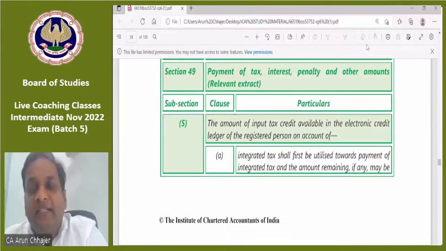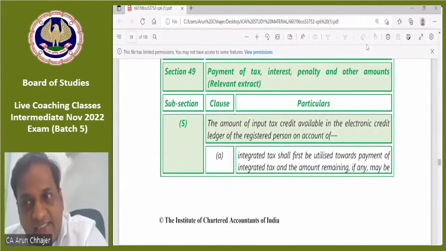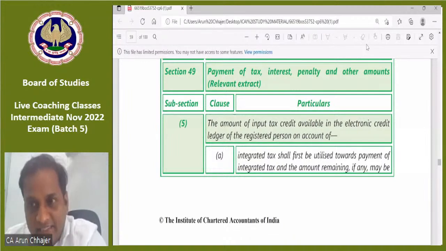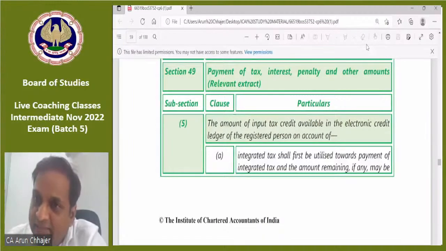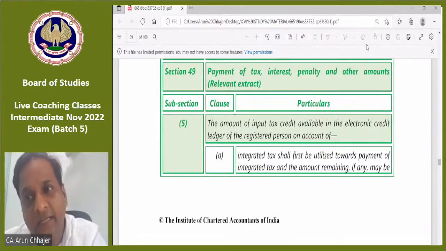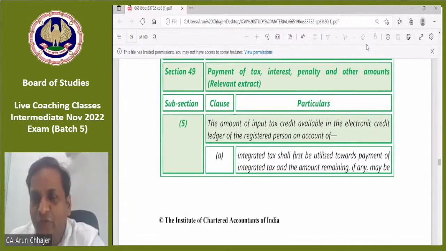One thing: there can be heads like CGST, SGST, IGST, and the minor heads will be tax, interest, penalty, others, and fees also.